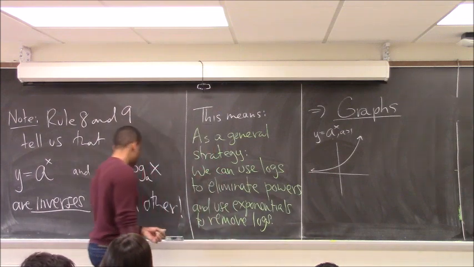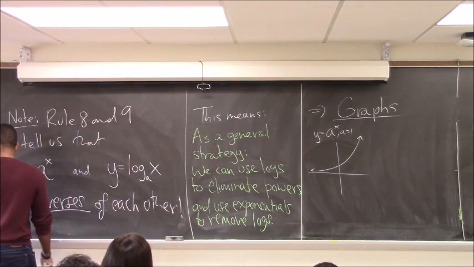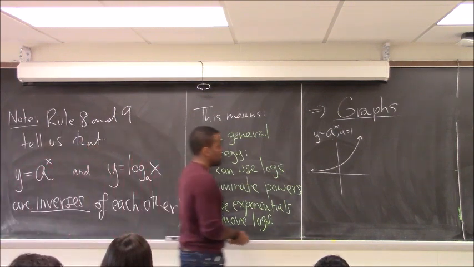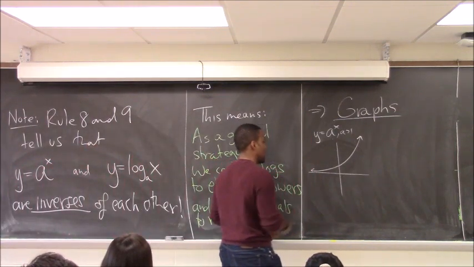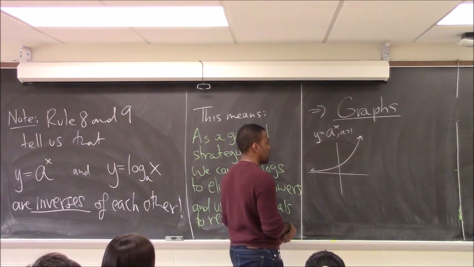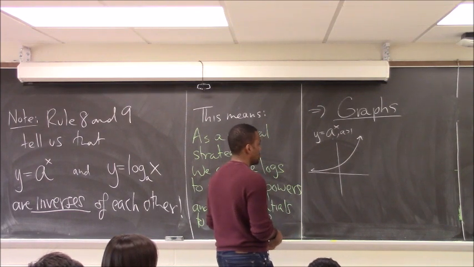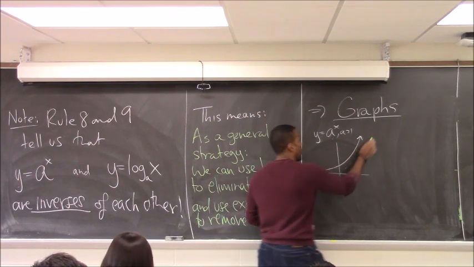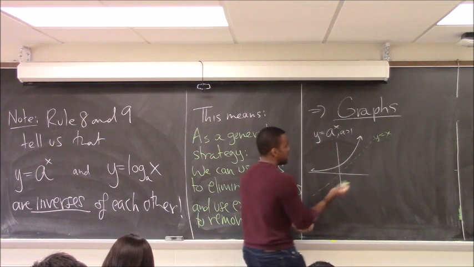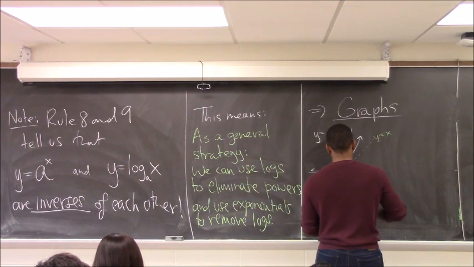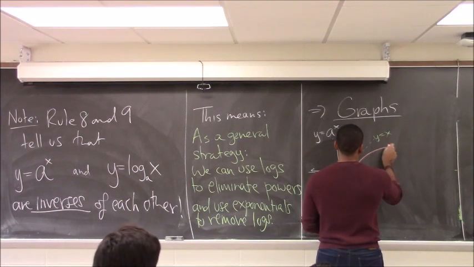How would I actually find it? Yeah, but what's the strategy for doing it? If I have one picture, how do I get to the inverse of the picture? Assuming it exists. We reflect. So you look at the line y equals x, and you take the mirror image. So the logarithm graph is going to be that.